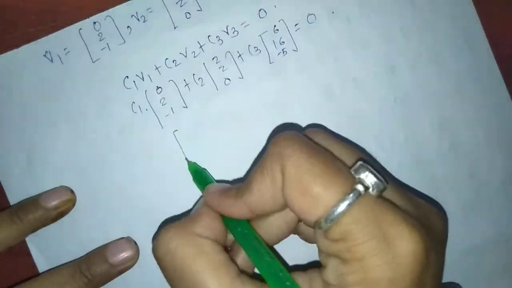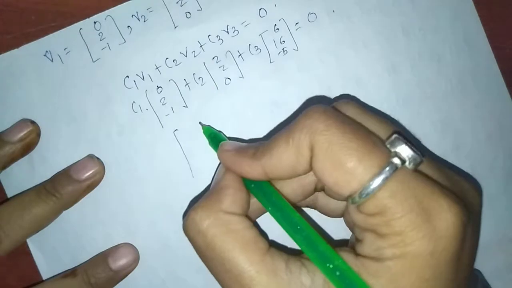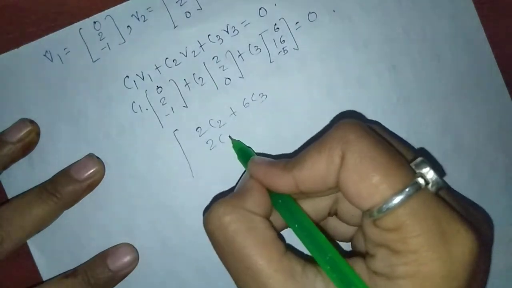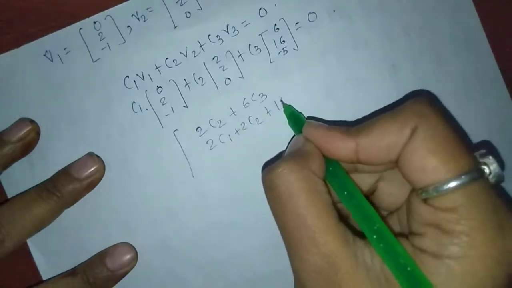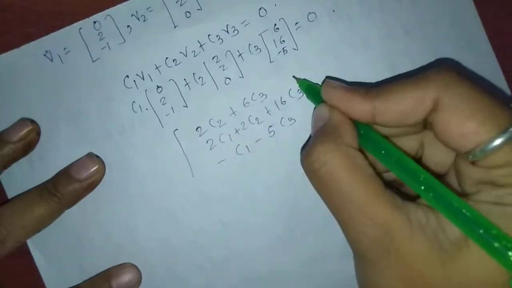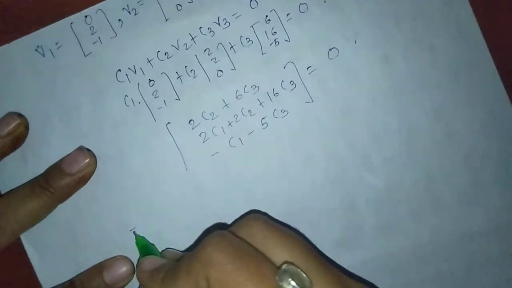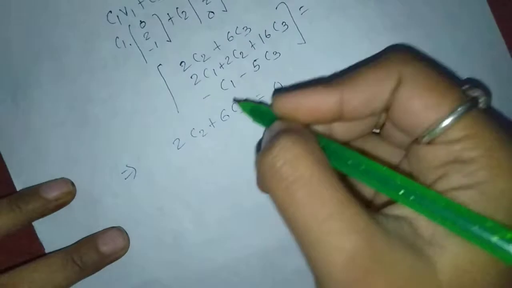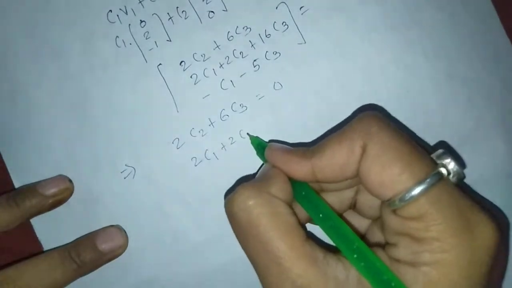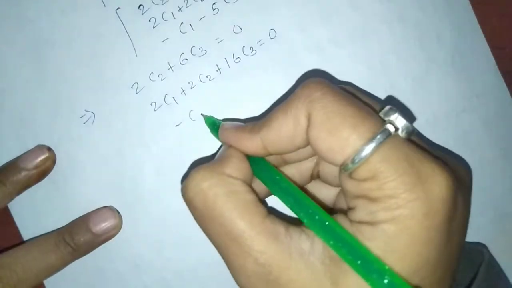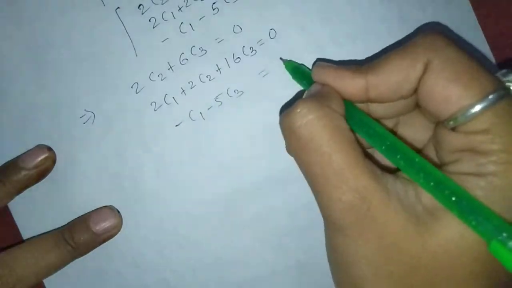This means we get three equations: 2c2 plus 6c3 equal to 0, 2c1 plus 2c2 plus 16c3 equal to 0, and minus c1 minus 5c3 equal to 0.